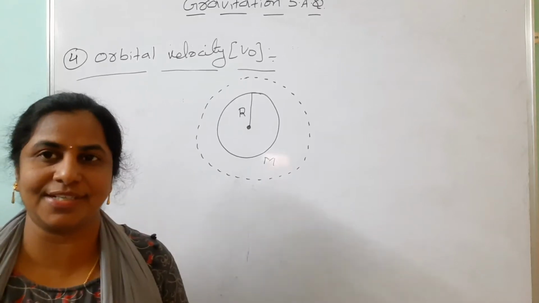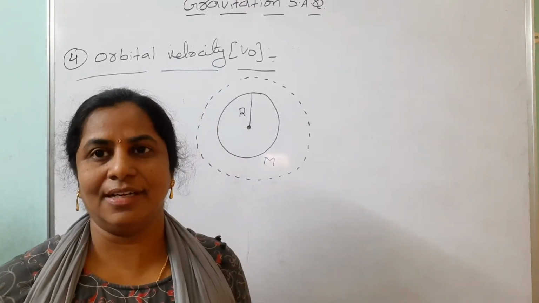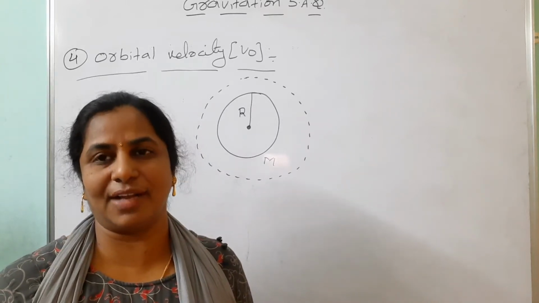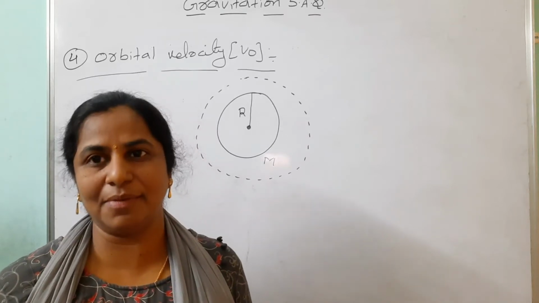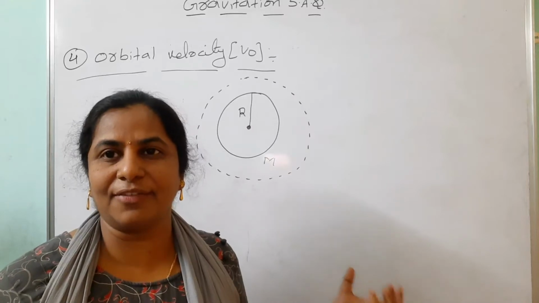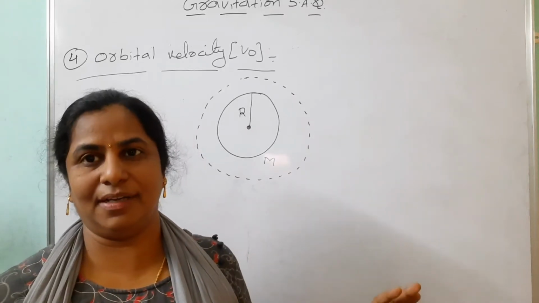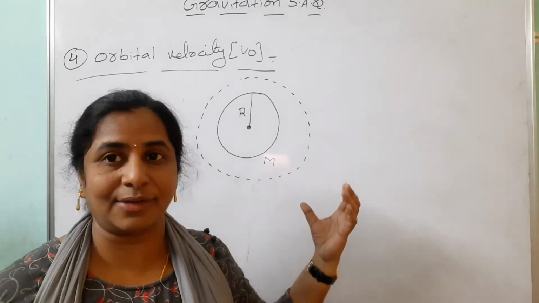Fourth short answer question is, what is orbital velocity, and derive the expression for this. The definition is the minimum horizontal velocity required to revolve around the planet. It may be Earth, it may be Mars, it may be another like Jupiter. So we require minimum horizontal velocity, that is called the particular planet's orbital velocity. Means that it is revolving around that planet in a circular path.